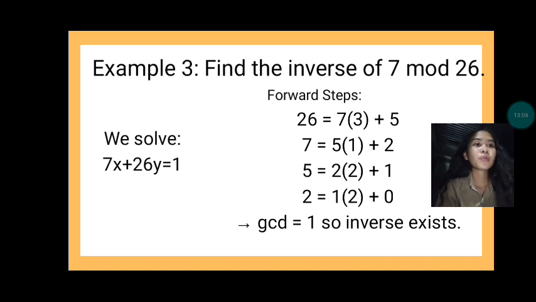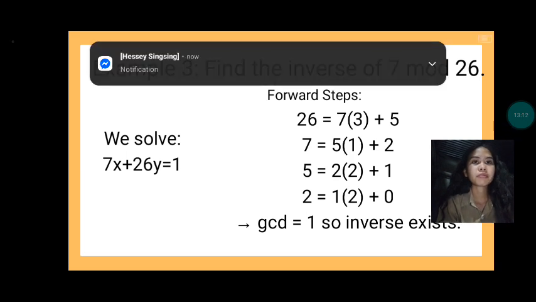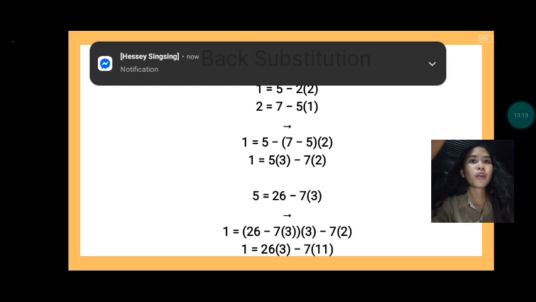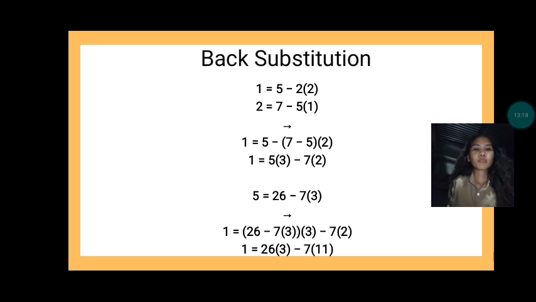Now let's proceed with the backward substitution. So we will start with 1 is equal to 5 minus 2 times 2, and then 2 is equal to 7 minus 5 times 1, and then we will substitute: 1 is equal to 5 minus (7 minus 5 times 1) times 2, which becomes 1 is equal to 5 times 3 minus 7 times 2.